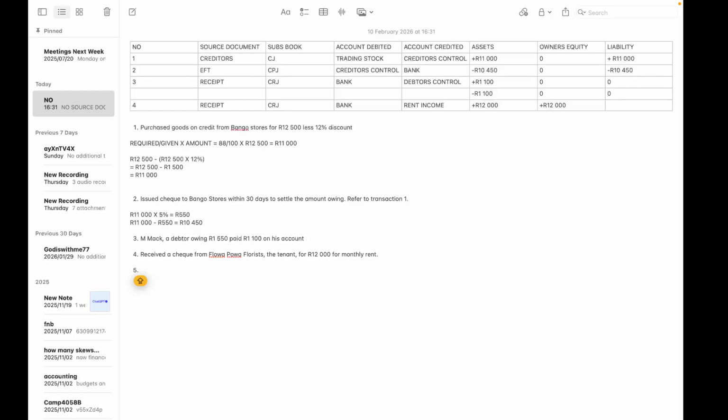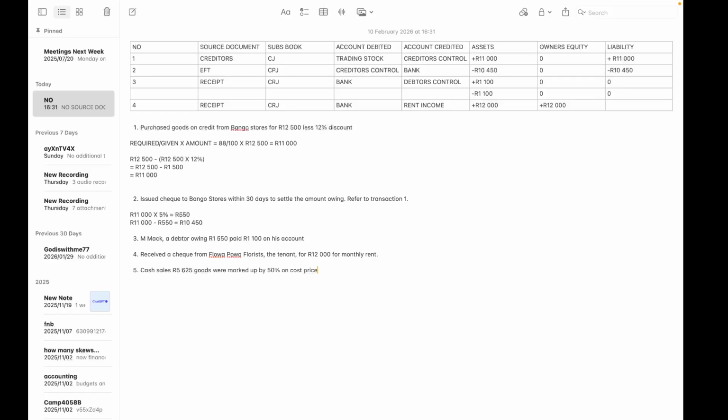Number 5 is as follows. Cash sales 5,625, goods were marked up by 50% on cost price, right?